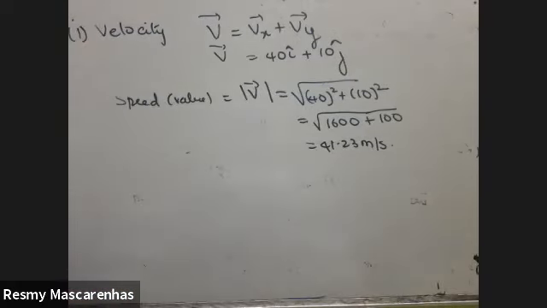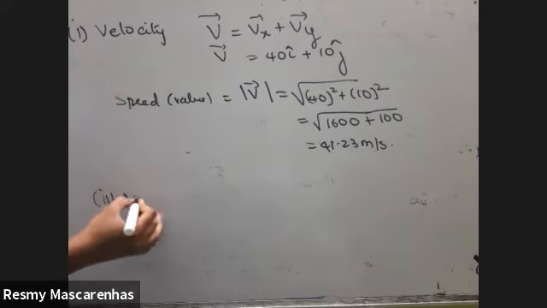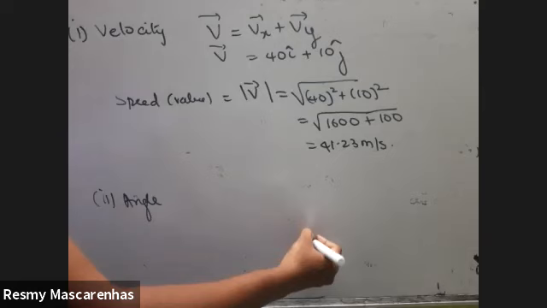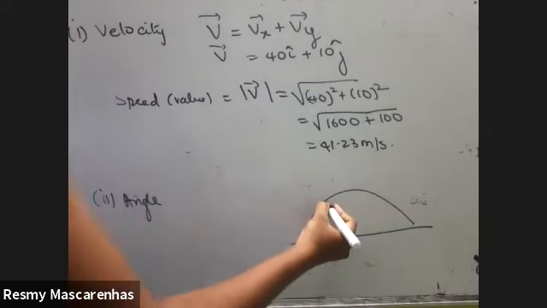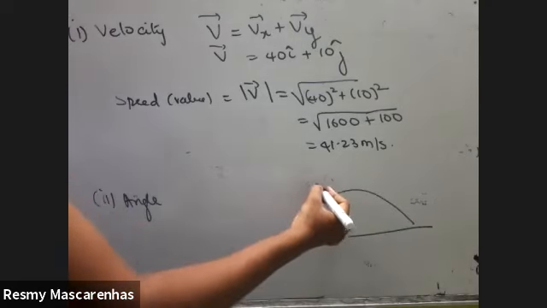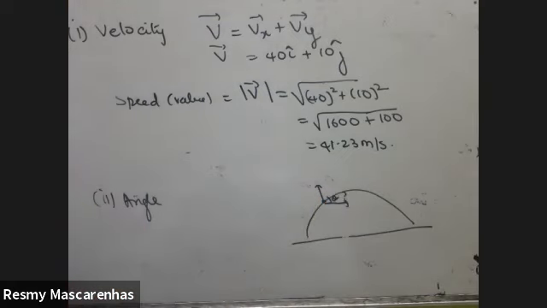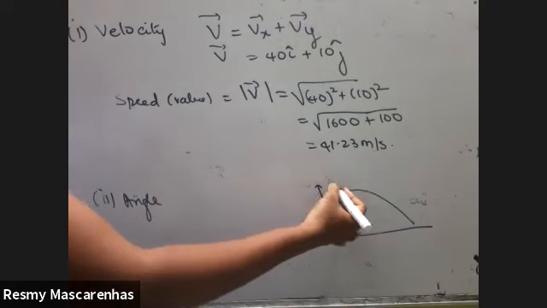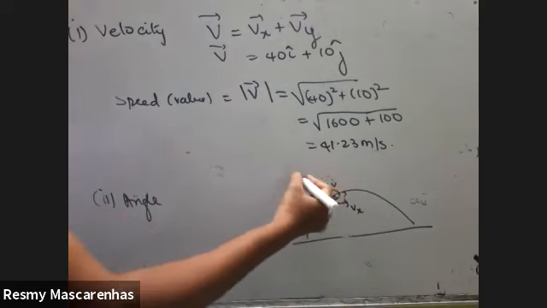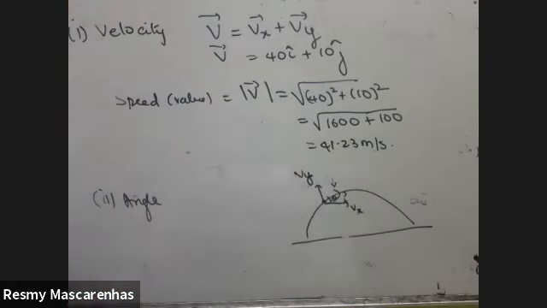Now we have to find the angle. After 2 seconds we were here, so we have to check this angle now. Theta is how much? Here we had V, we had Vx, and this was Vy. We want to find theta.